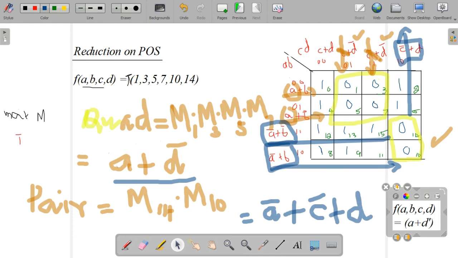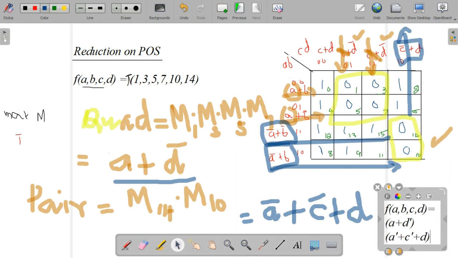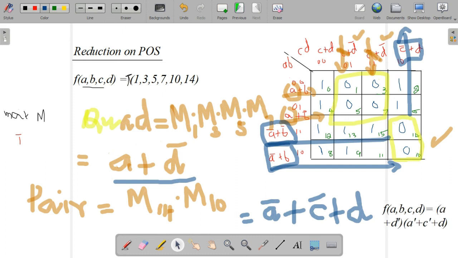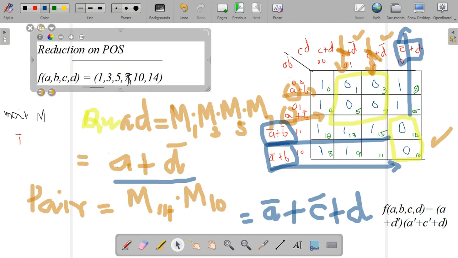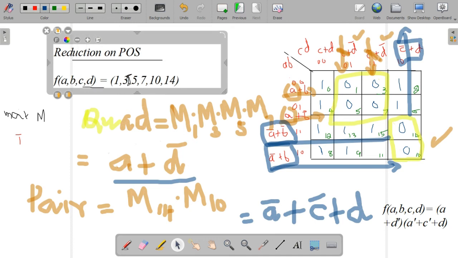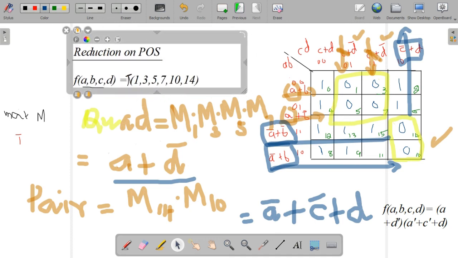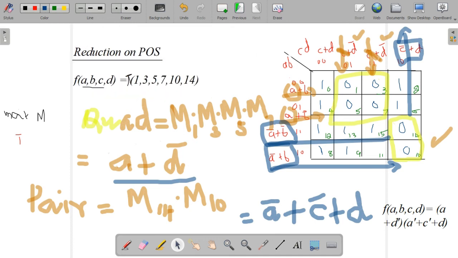Then into A dash plus C dash plus D, the pair. This is the final expression after reducing. So the question itself is: reduce the POS expression using K-Map. That is the question. So for this question, what we have done, we got the answer.